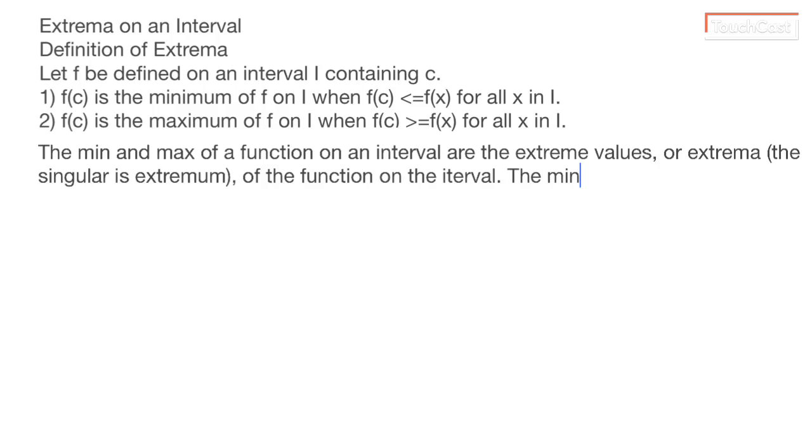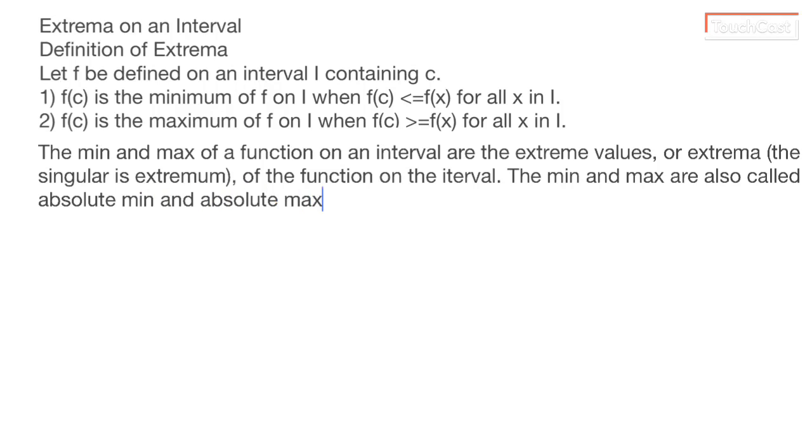We can also say the min and max, minimum and maximum, are also called absolute minimums and absolute maximums, or global minimums and global maximums.